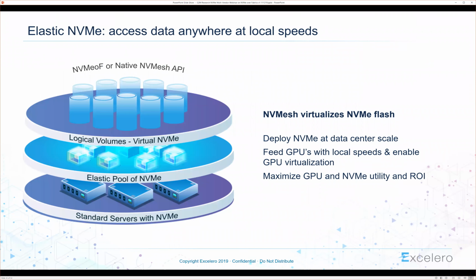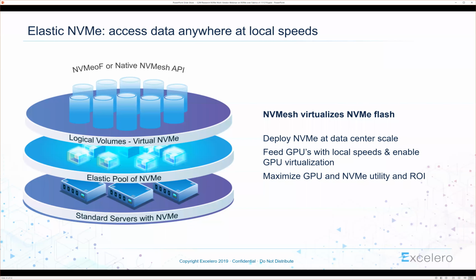And I would submit to you that that missing piece is filled by Excelero NVMesh. What we call elastic NVMe is you can use NVMe over Fabric, or you can use the native NVMesh API or protocols, and we virtualize all that NVMe flash. So as was mentioned earlier, just like VMware long ago virtualized CPUs and got you the highest utilization rates of those CPUs, that's what NVMesh does for NVMe over Fabric.